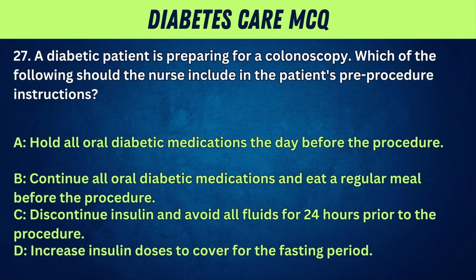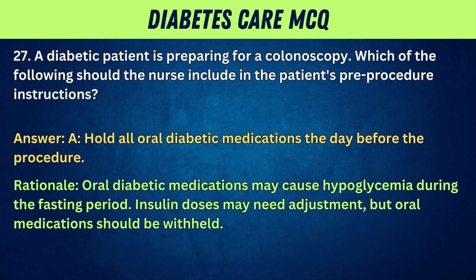D. Increase insulin doses to cover for the fasting period. Answer: A. Hold all oral diabetic medications the day before the procedure. Rationale: oral diabetic medications may cause hypoglycemia during the fasting period. Insulin doses may need adjustment, but oral medications should be withheld.